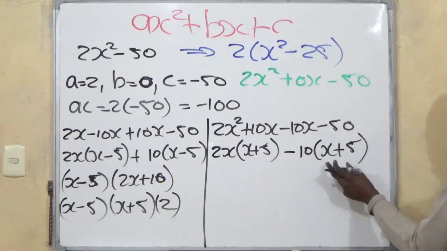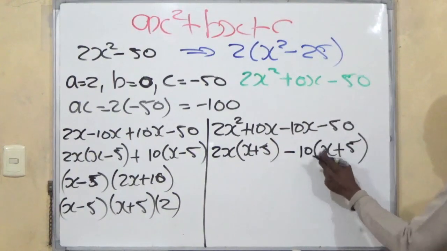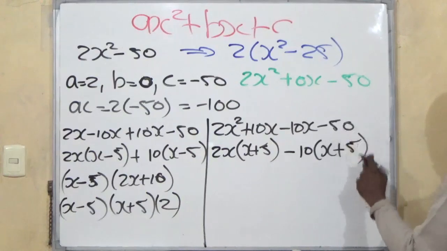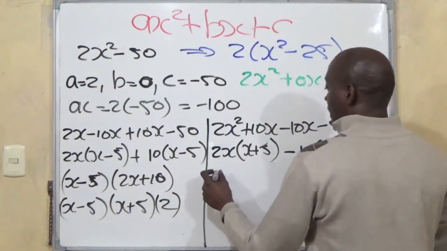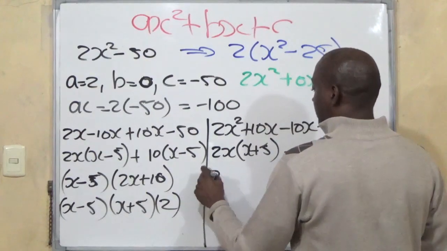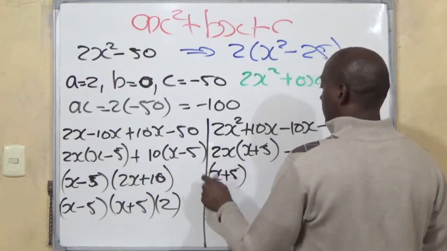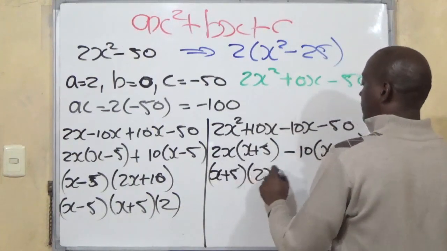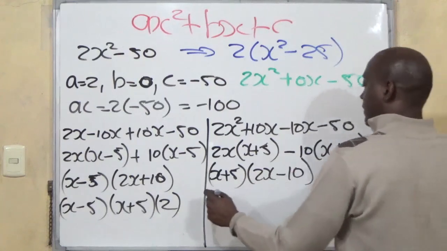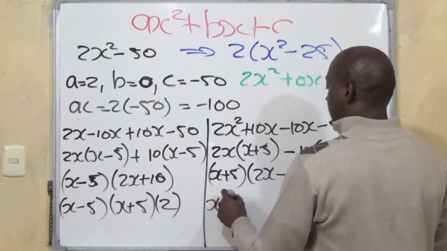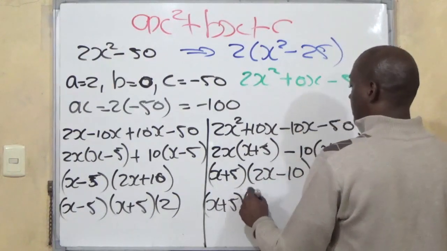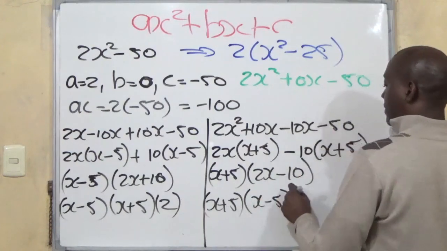We do the factorization, we put the x plus 5 here. Minus 10 by x is minus 10x, minus 10 by plus 5 is minus 50. So we have x plus 5 as a common factor into 2x minus 10. So x plus 5 into x minus 5 by 2.